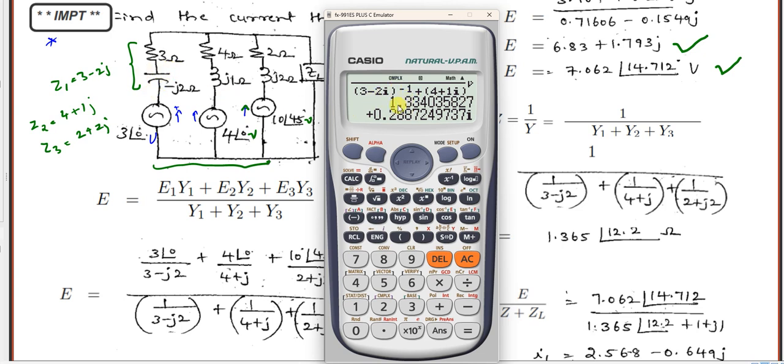In the equivalent impedance, 1.33 means the resistive part is 1.33 ohms, then the inductive part is 0.22. Or you can keep the answer in polar also. Shift, complex, third option. It is 1.3649, approximately 1.365 angle 12.2. So this answer is also correct.